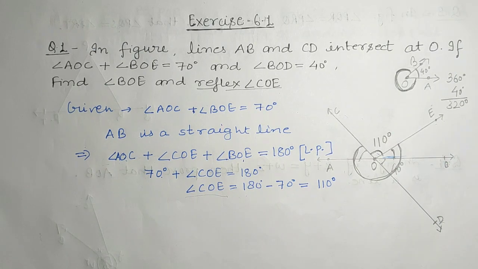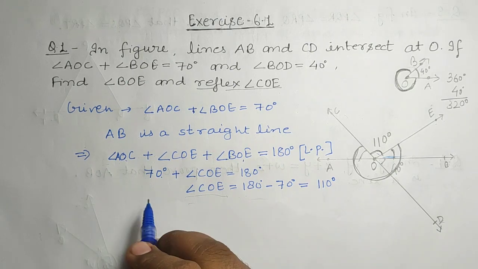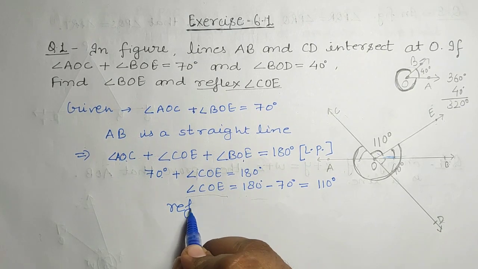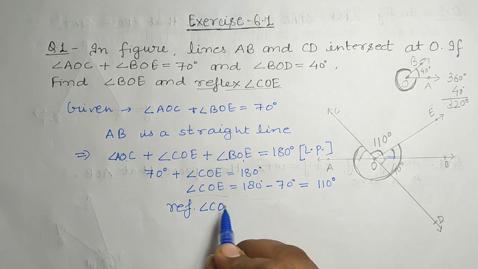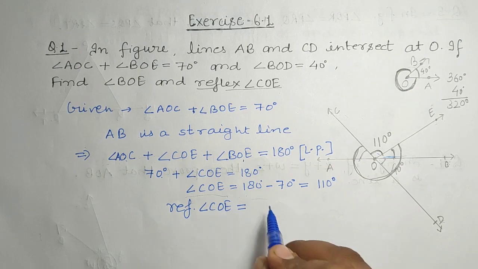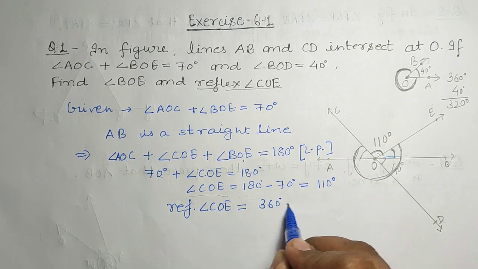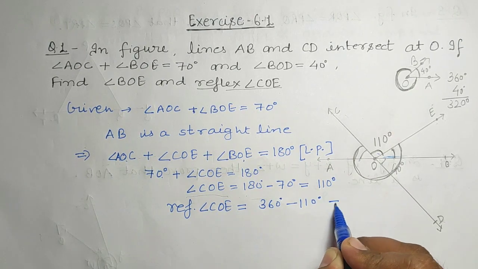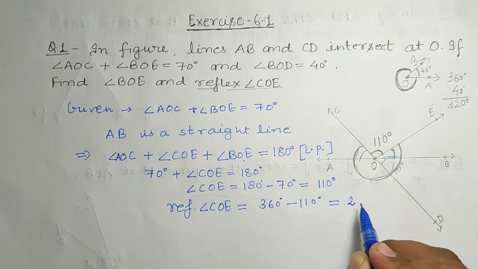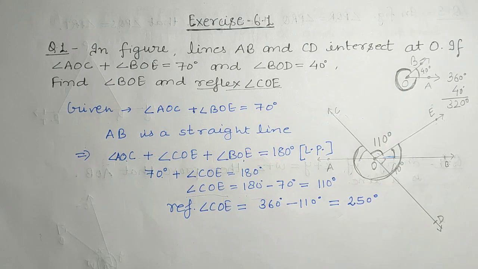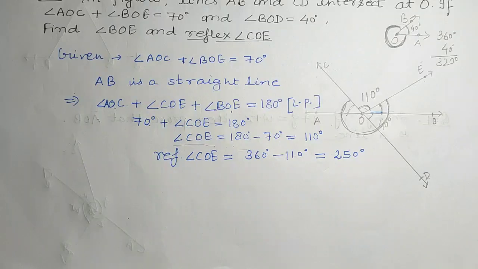So here also we'll subtract COE from 360 degrees to get reflex of COE. So reflex of angle COE is equal to 360 degrees minus 110 degrees, that is 250 degrees, the answer for reflex of COE.